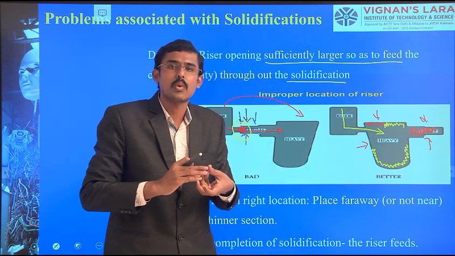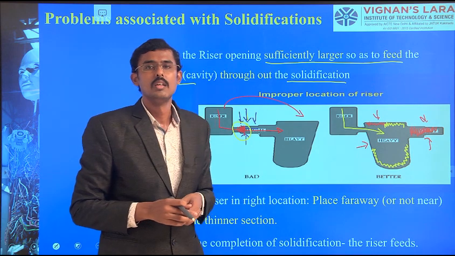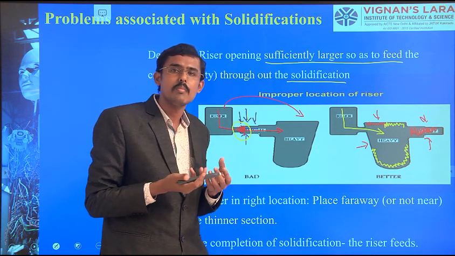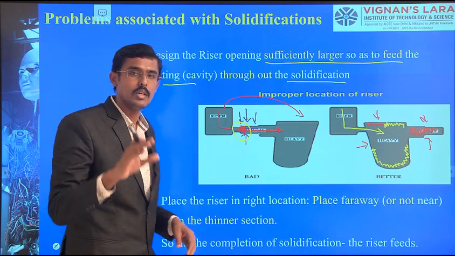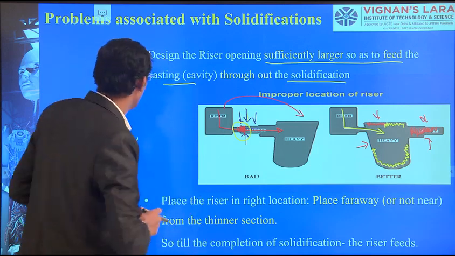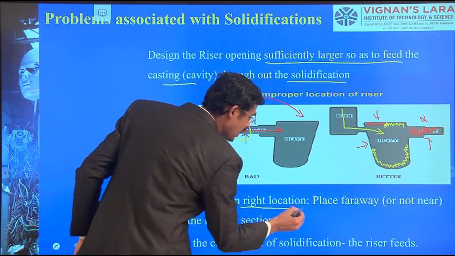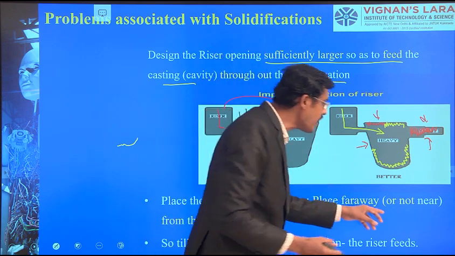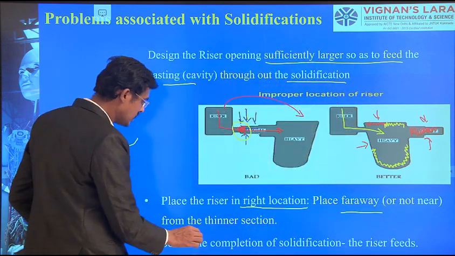Even though the cooling takes place very quickly on the thin components, it does not disturb the feeding system of the riser. Therefore, the riser system design must be very sound. Place the riser in the right location, far away from, or not near, the thinner section.